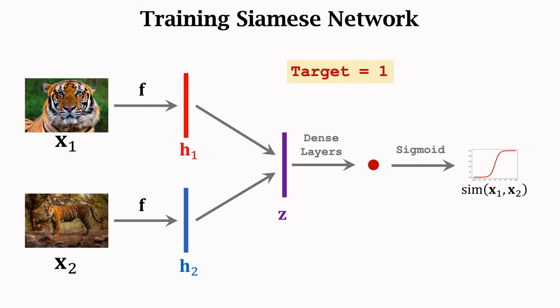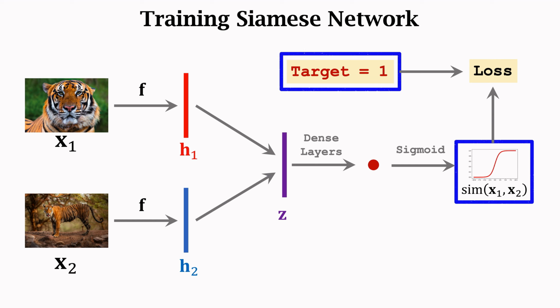We have previously prepared the label. The two images are both tigers, so the label is 1. We set 1 at the target. We hope the scalar output by the network is close to the target 1. We use a loss function to measure the difference between the target and the predicted scalar.